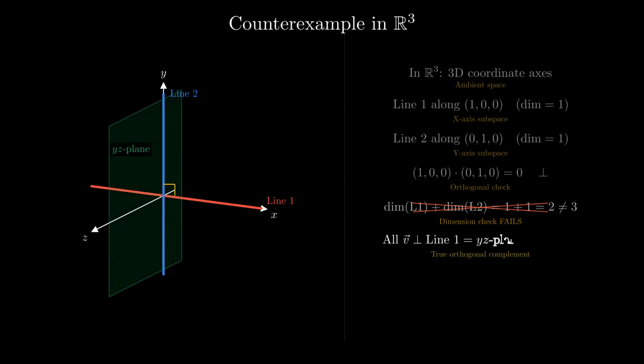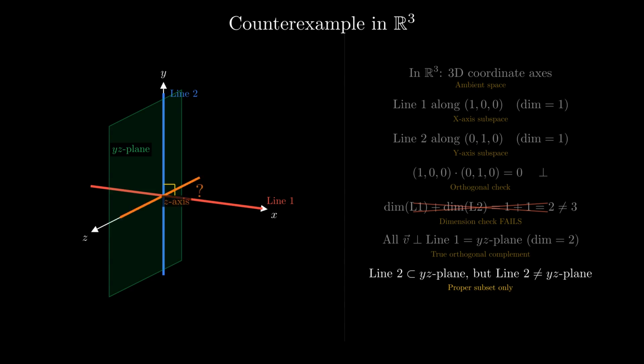Now think about it this way. There's an entire plane of vectors perpendicular to line 1, namely the YZ plane, which has dimension 2. Line 2 sits inside that plane, but it clearly doesn't fill the whole plane. It only captures one of those perpendicular directions. For instance, the z-axis, the direction 0, 0, 1, is perpendicular to line 1, but it lies completely outside line 2.